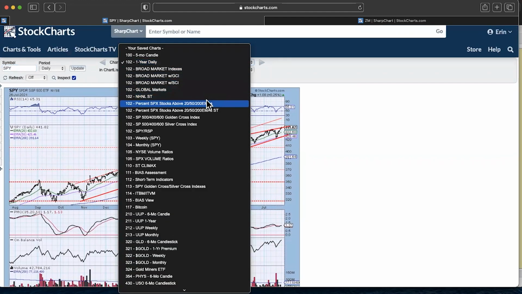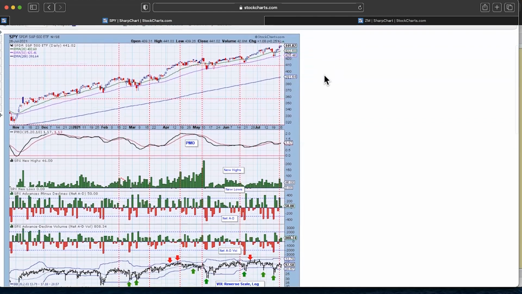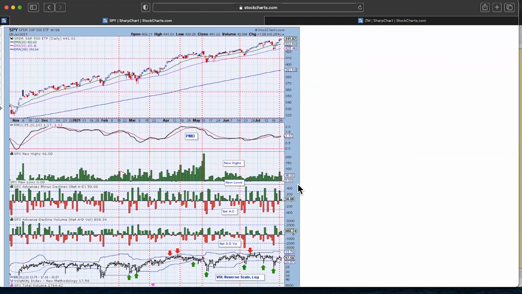Let's go ahead and look at our short-term climax chart. I'm very curious if we had any climactic activity today, which we did not. What we look for when we judge whether we have a climax or not is whether the net AD comes out, we get outside readings from this normal range we have between minus 300 and plus 300.